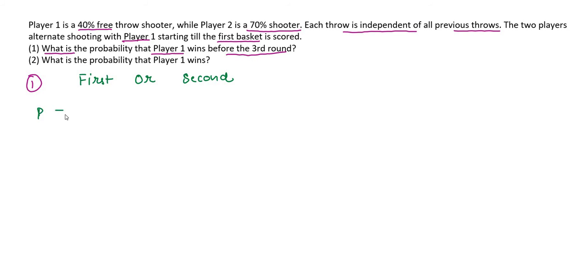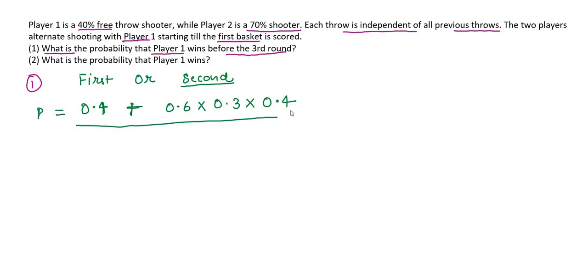Because player 1 is starting, if he wins the first round, he wins in his own turn, with probability 0.4. Plus, second, in the first round both players miss, which is 0.6 times 0.3, and in the first turn of the second round, player 1 wins, with probability 0.4. So this will be our answer.